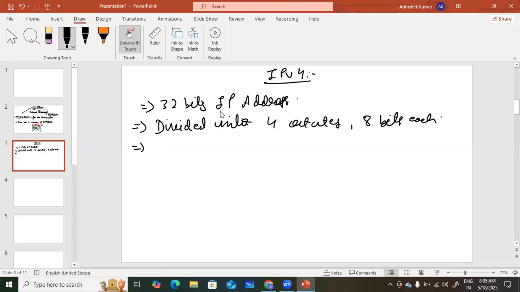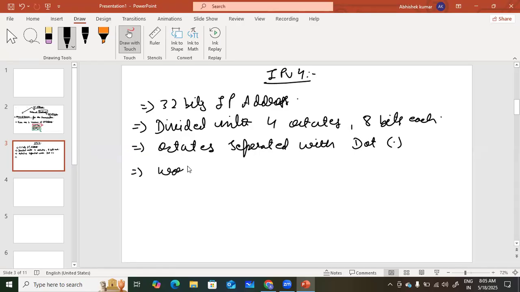How do we separate our octets? Octets are separated with a dot. And it works on the binary number system.